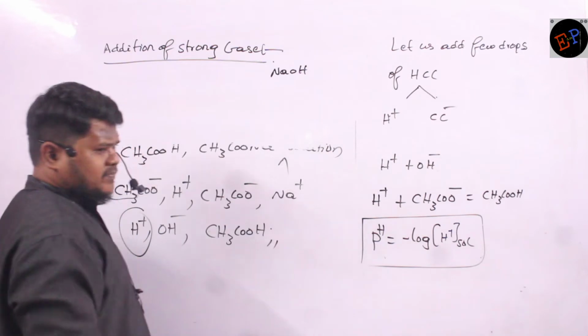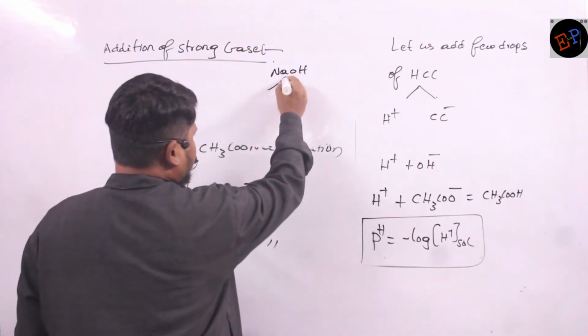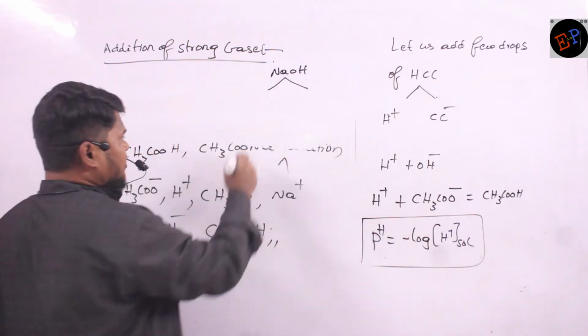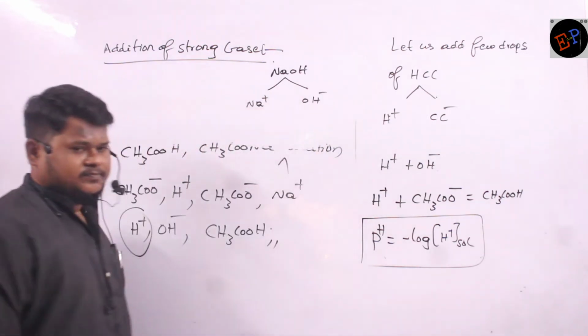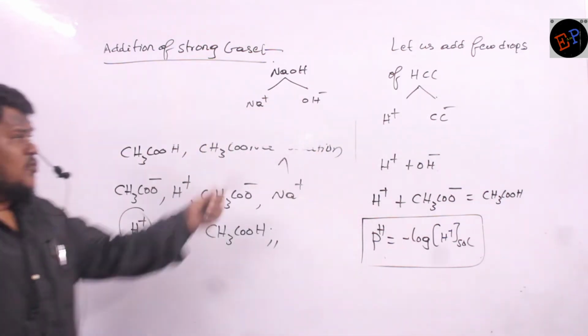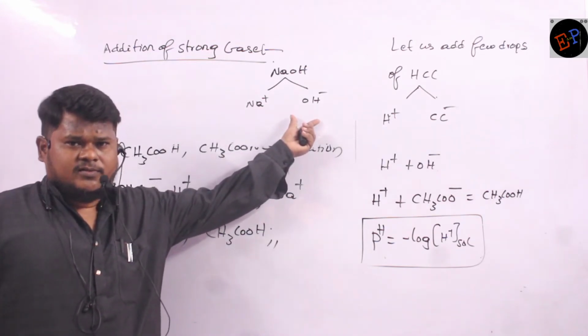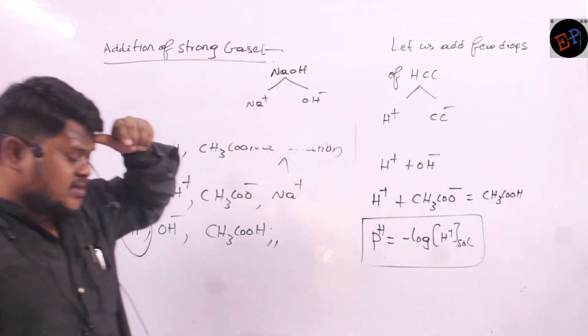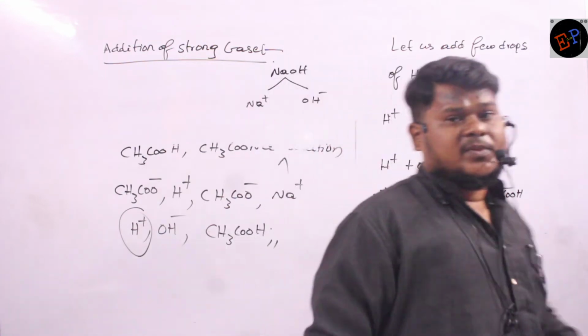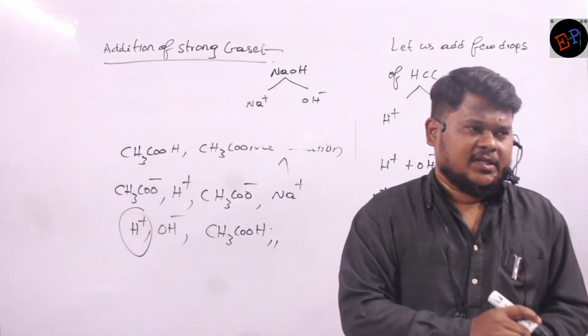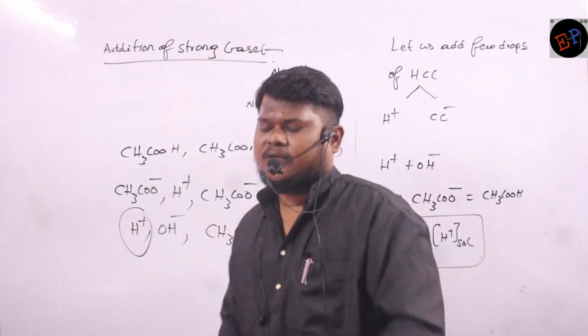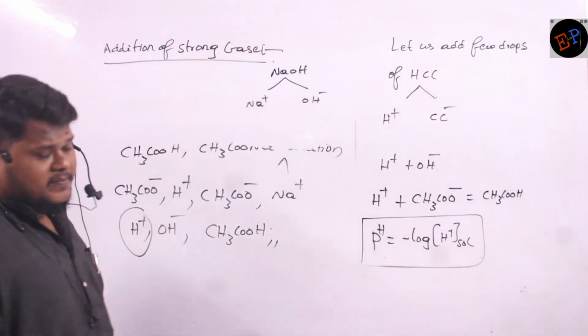When NaOH is put in aqueous solution, immediately it splits into Na plus and OH minus. Clear? So the OH minus ion concentration is increasing. What happens to the basic nature of the solution? The basic nature increases. But the basic nature should not increase.